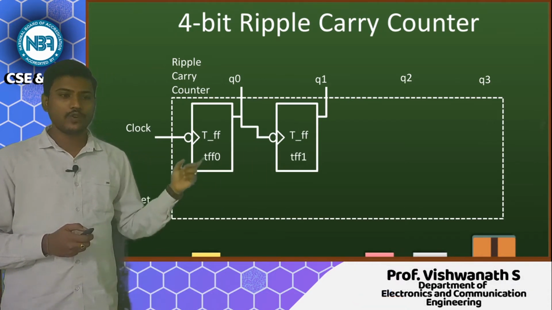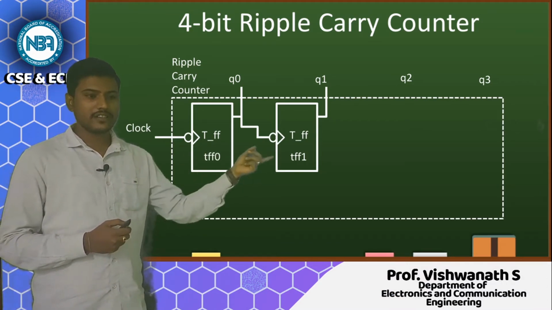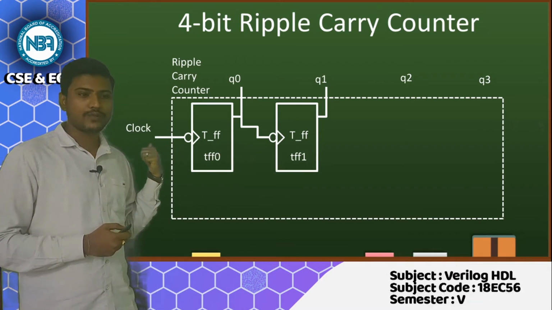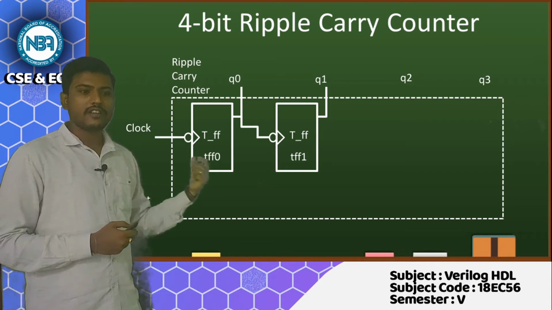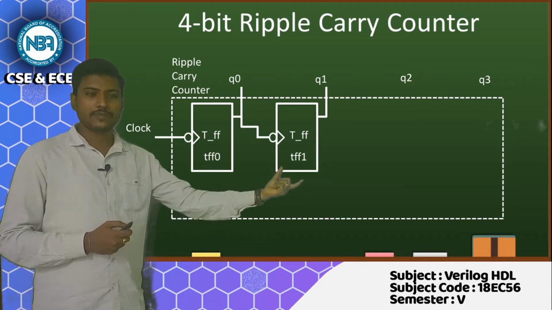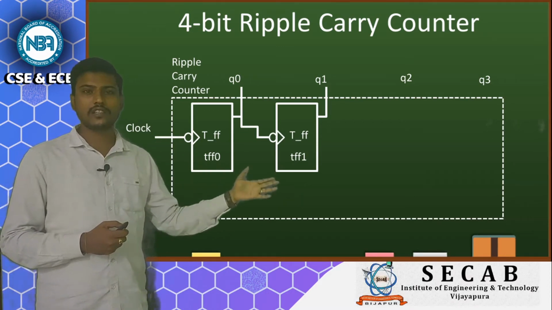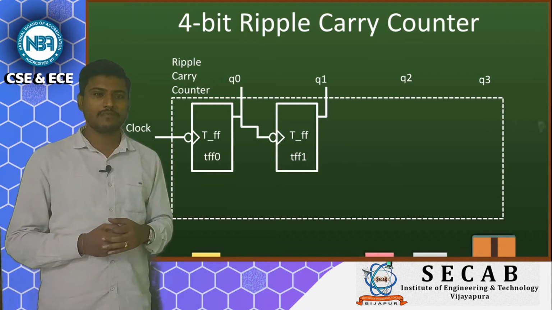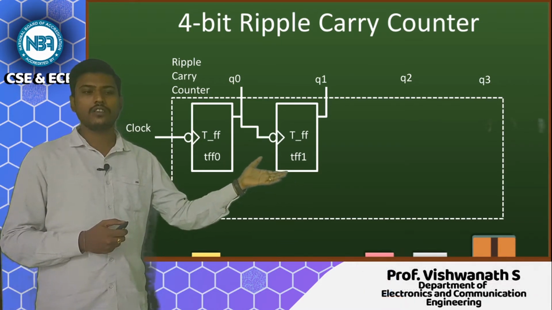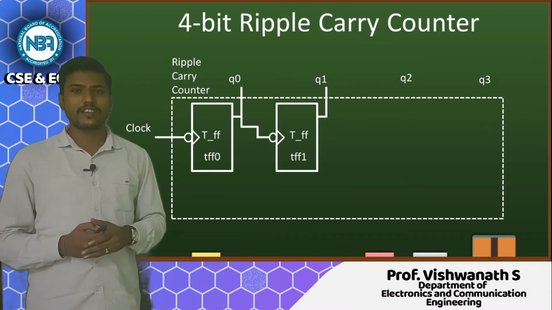Okay. Here, since this flip flop is not at all dependent on the clock input we have given, what I can say is that this particular flip flop is not synchronized with the clock. I can call this circuit asynchronous. Since it is totally independent of the clock, I can call the whole circuit asynchronous in nature.